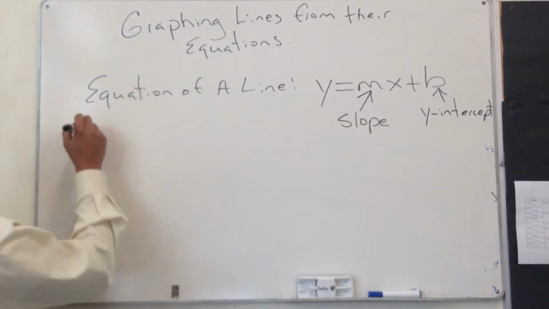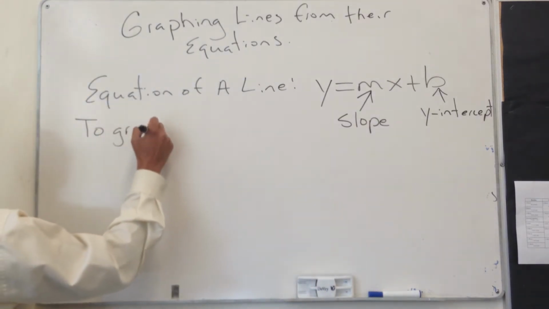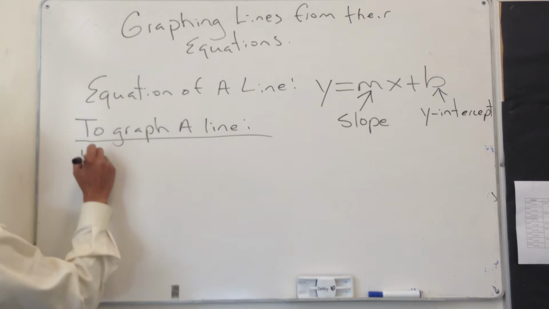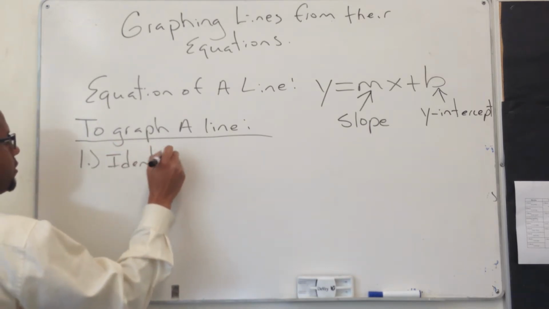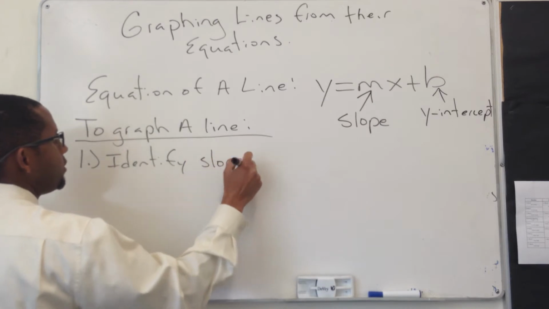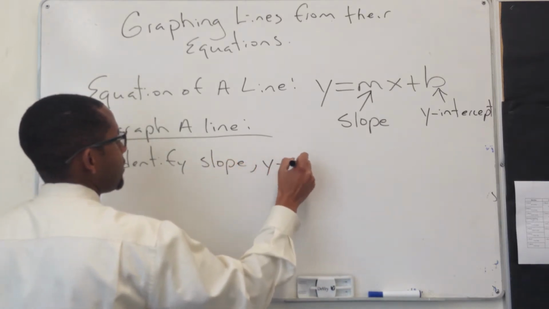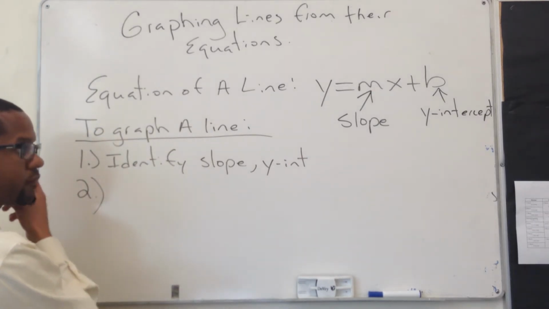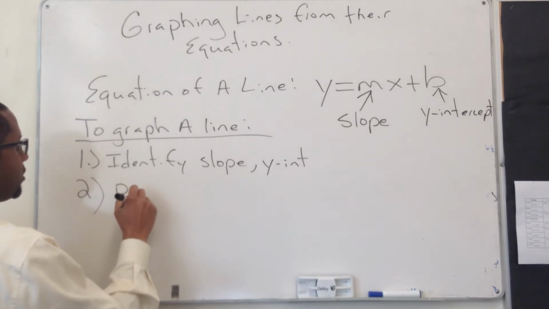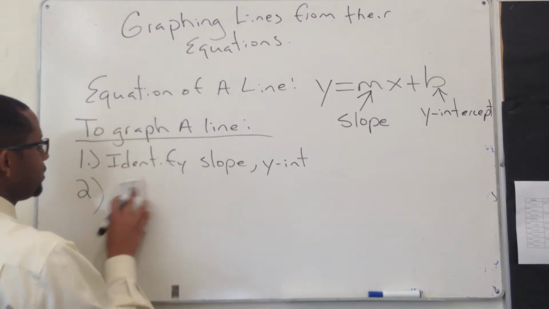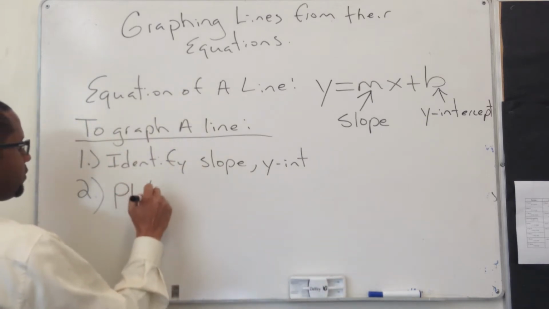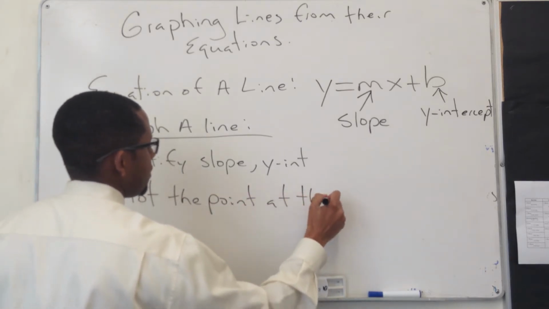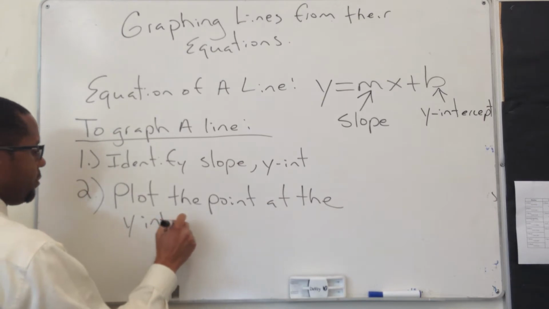Okay? So, to graph a line, what you need to do, first, identify the slope and the y-intercept of that line. Second, you need to plot the point at the y-intercept.